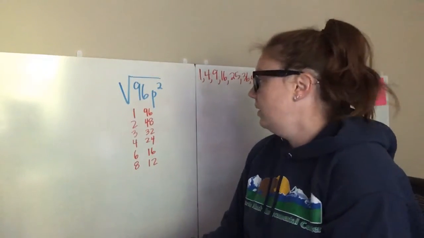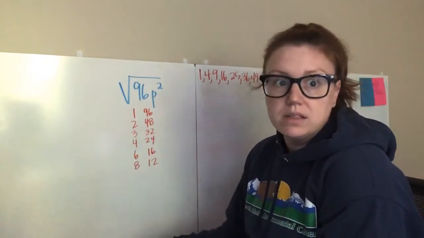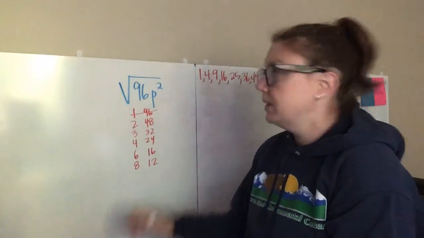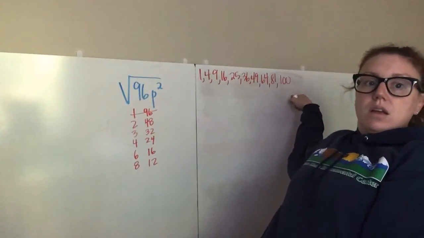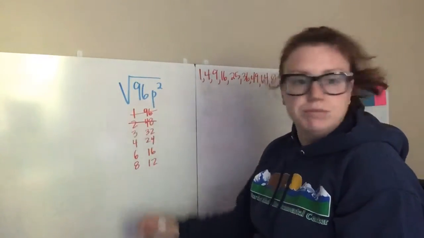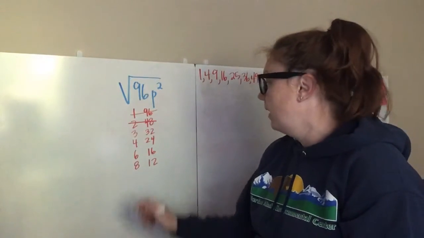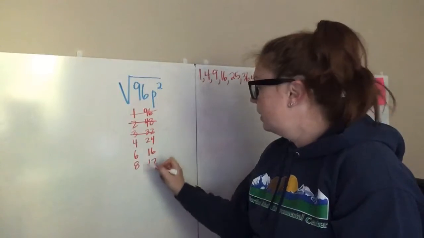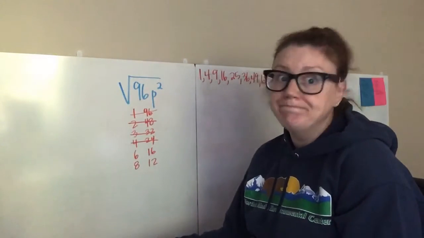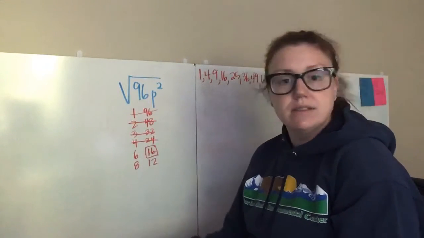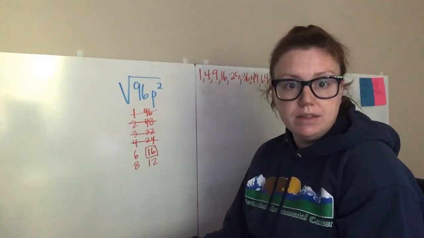So I'm just going to start going through and I'm going to look for perfect squares. 1 and 96 doesn't have a perfect square, so I can cancel it out because my perfect squares are over here. 2 and 48, no perfect squares. 3 and 32, no perfect squares. 4 and 24, nope. 6 and 16, 16 is a perfect square, so I'm going to put a square around it.